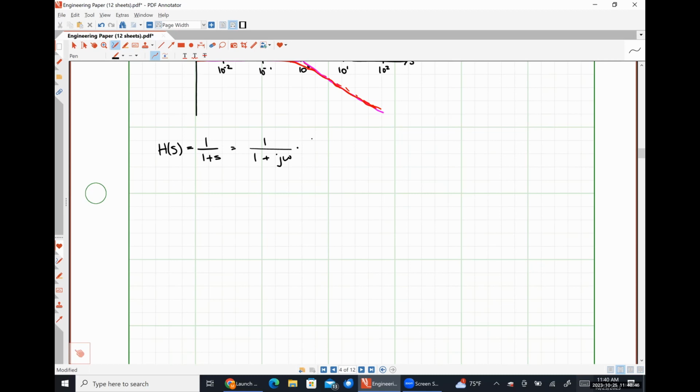So I'm going to multiply this by 1 minus j omega over 1 minus j omega, giving me 1 over 1 plus omega squared minus j times omega over 1 plus omega squared.